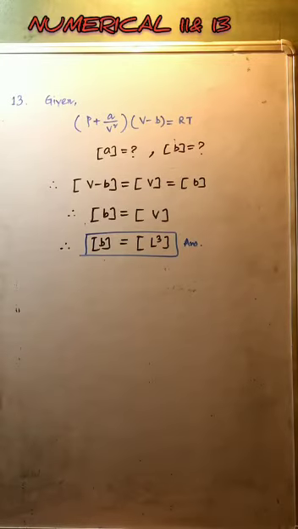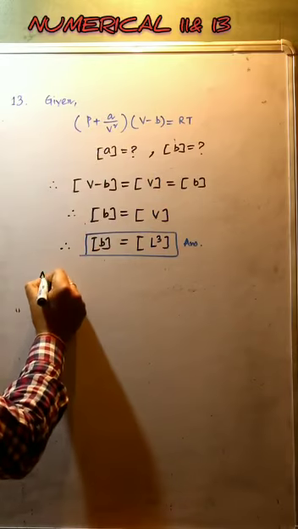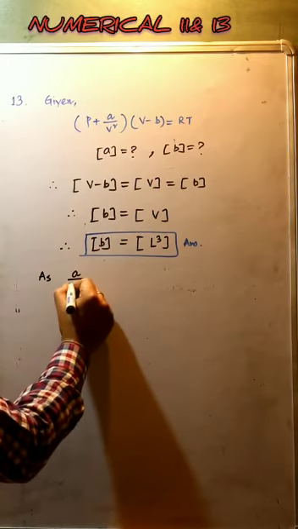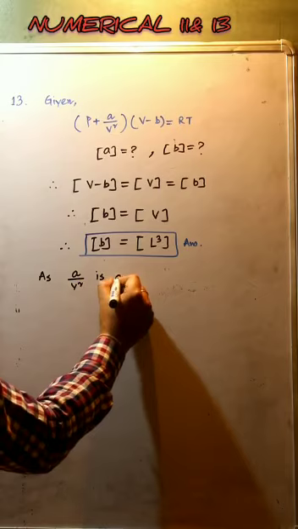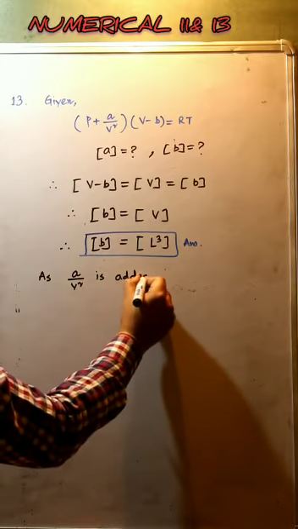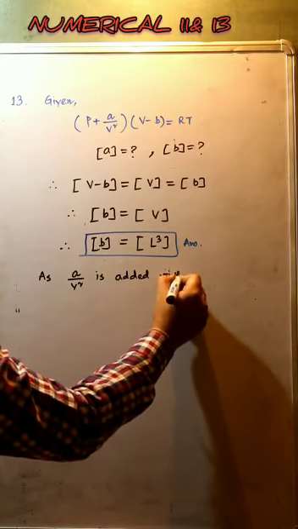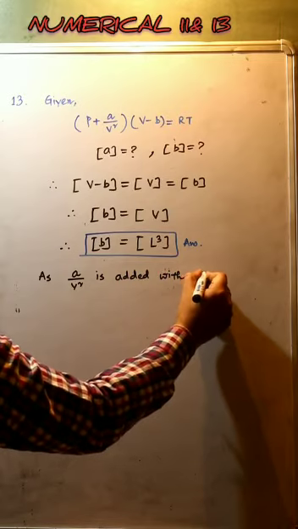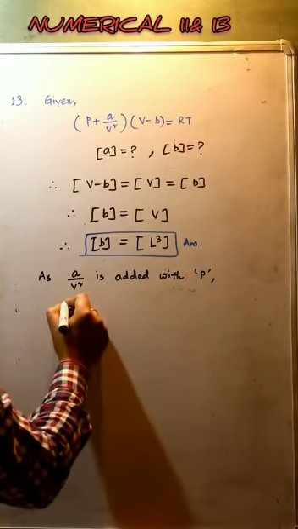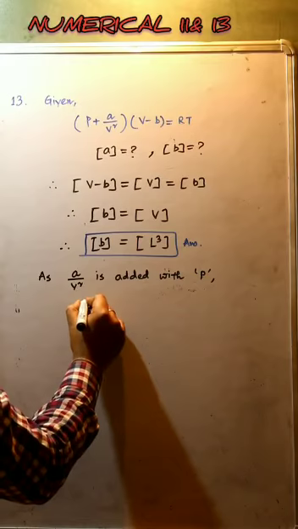Next part we have to find the dimension of A. As A by V square is added with P, pressure, they will have the same dimension.